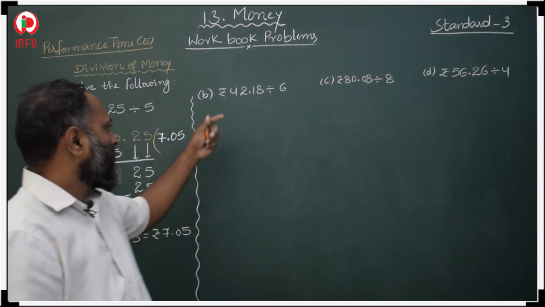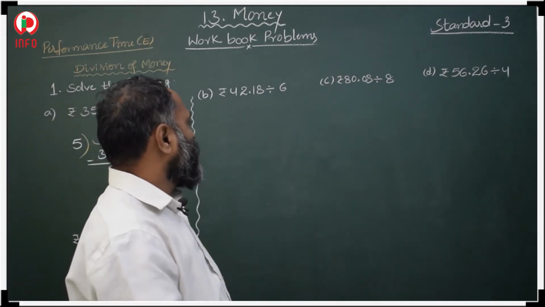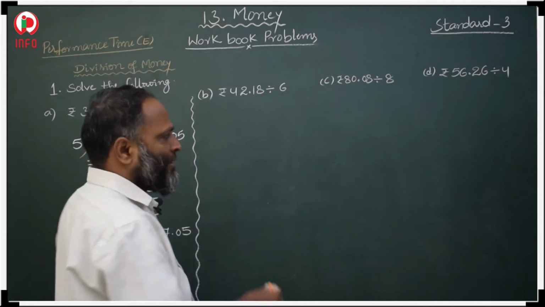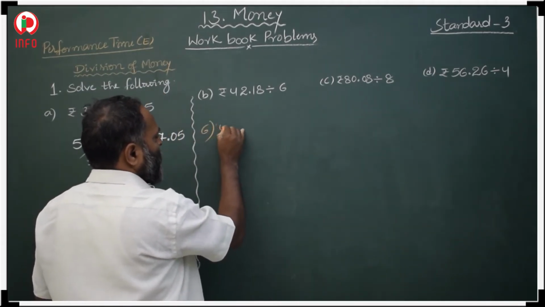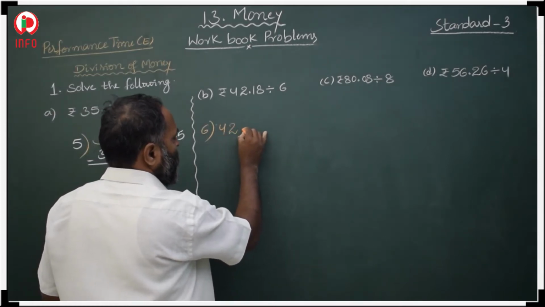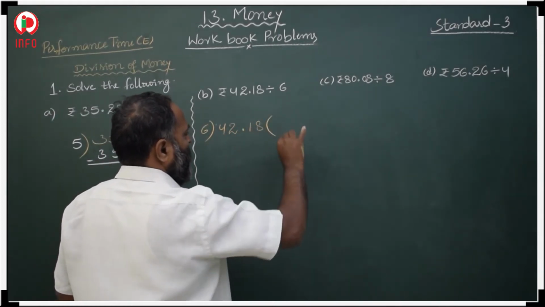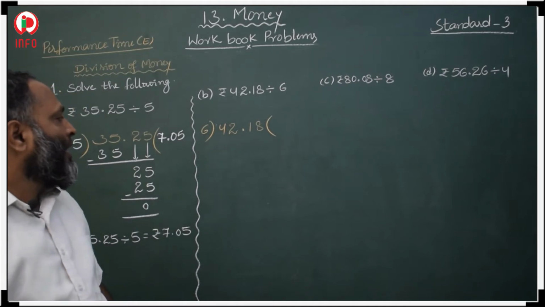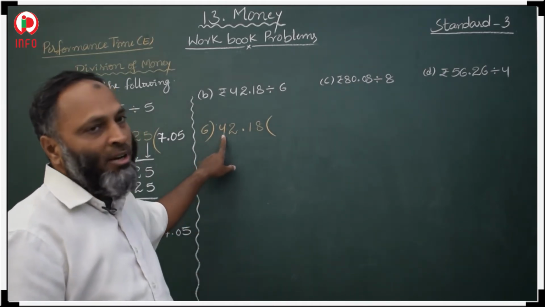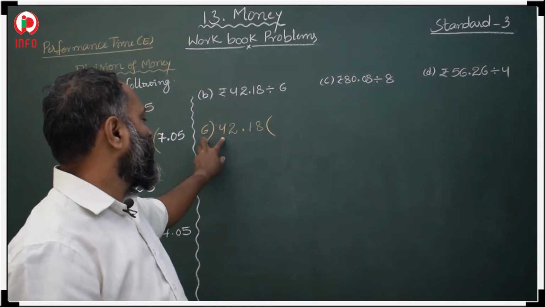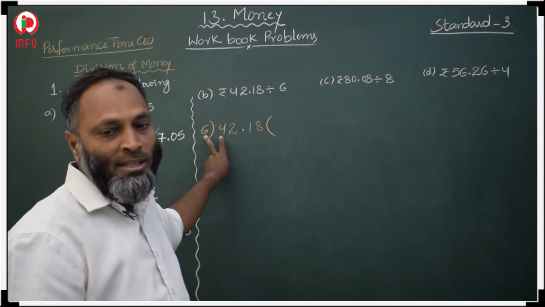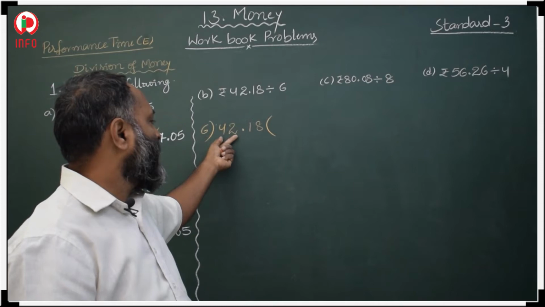The next one, 42 rupees 18 paisa should divide with 6. So 42 rupees 18 paisa divide with 6. Here first we take extreme left digit, that is in rupees 4. 4 is less than this divisor, so we take 42 at a time.